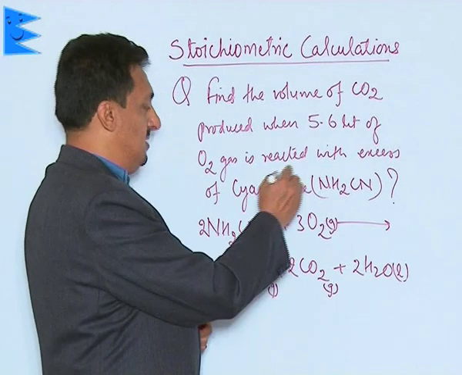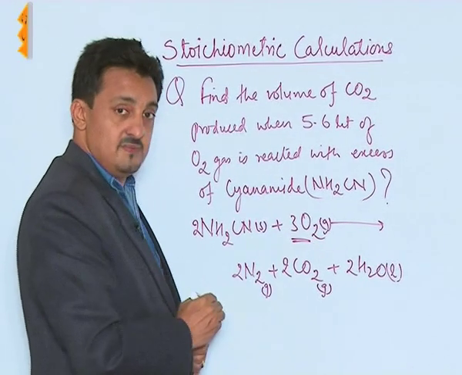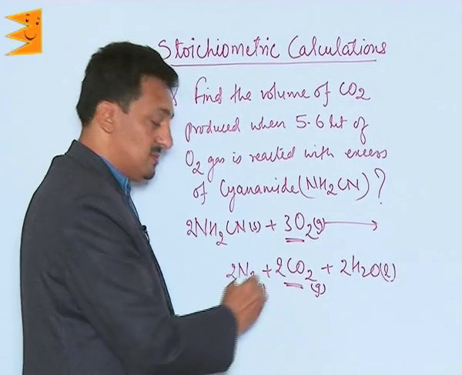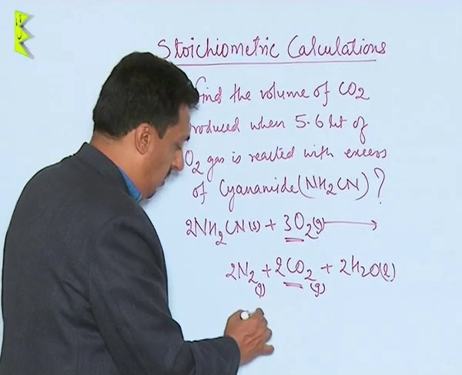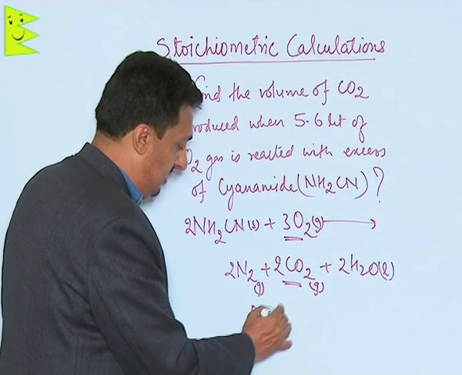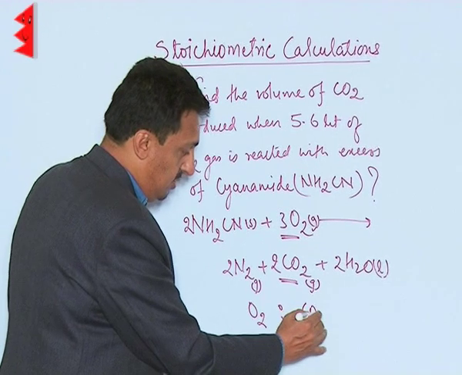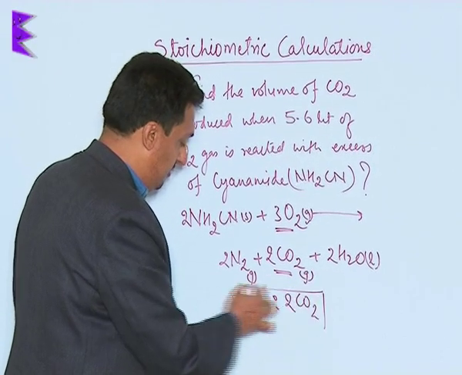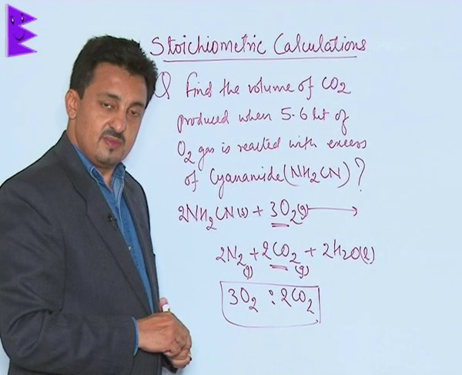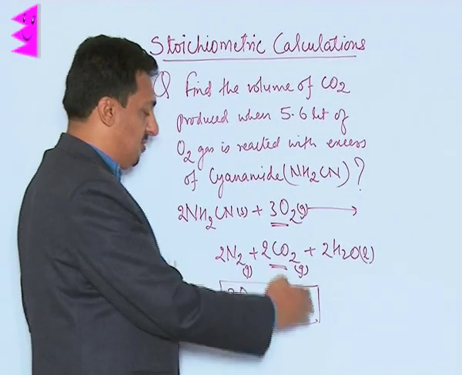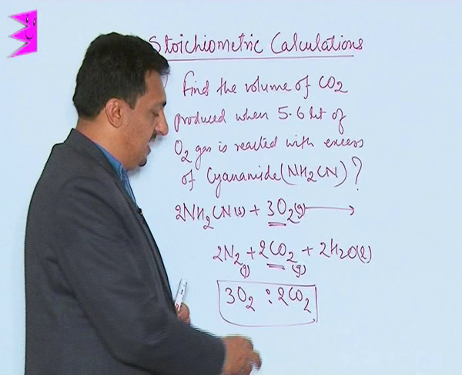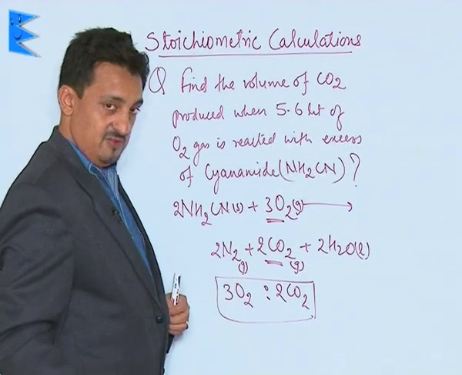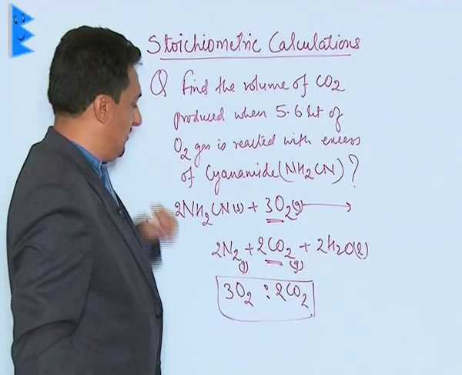Now we are given oxygen. We are supposed to find out the volume of CO2. What is the stoichiometric relationship between O2 and CO2? It is that 3 moles of oxygen gives you 2 moles of CO2. This is the relationship we have. Now we will use this stoichiometric relationship in finding out the volume of the CO2 which is produced from 5.6 liters of oxygen.